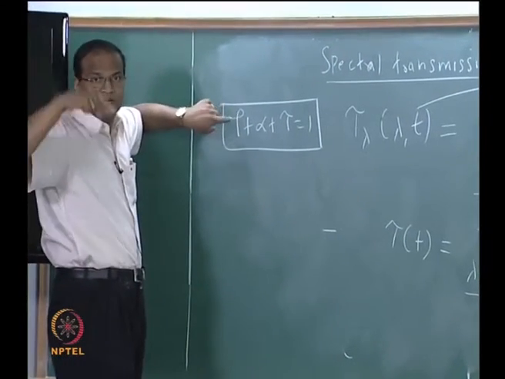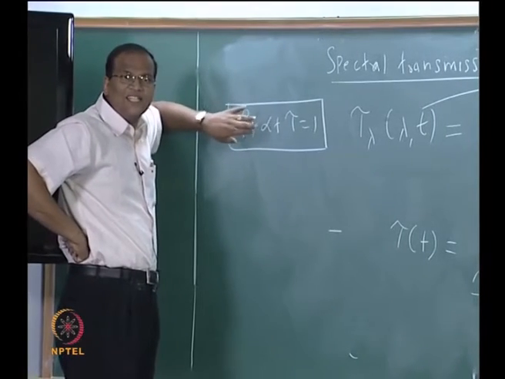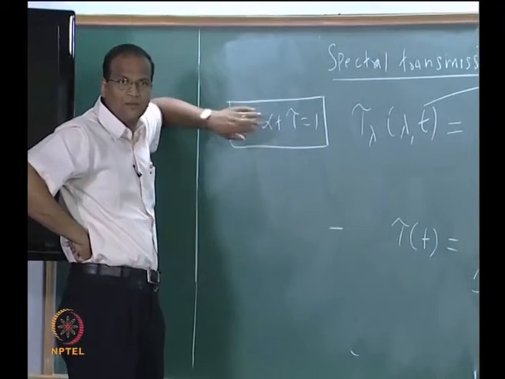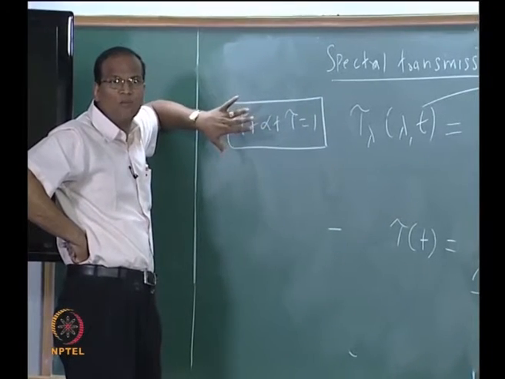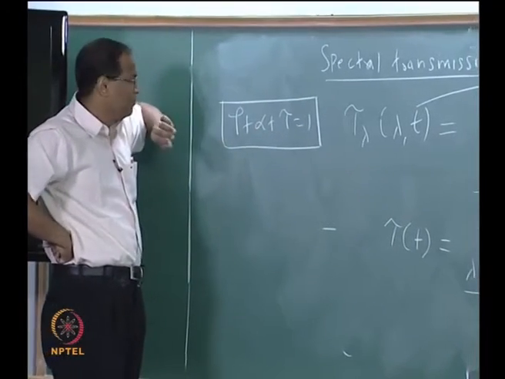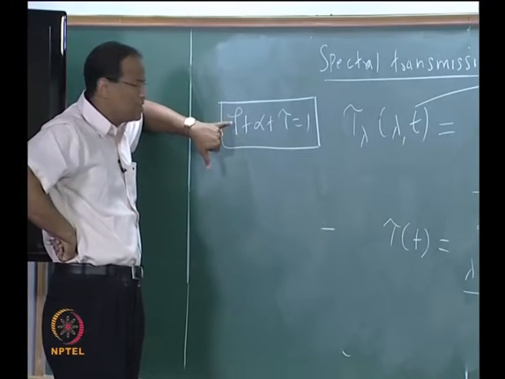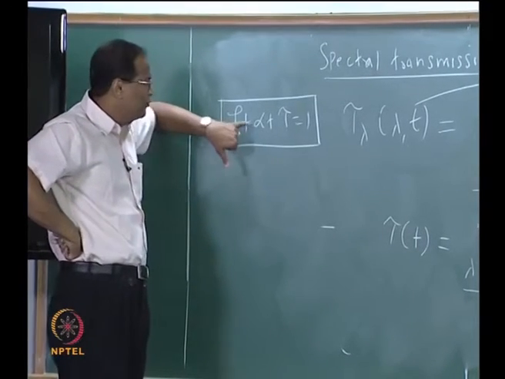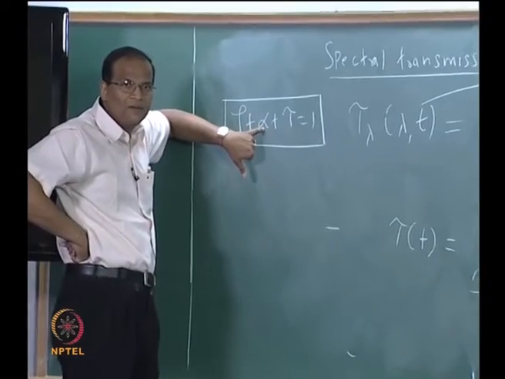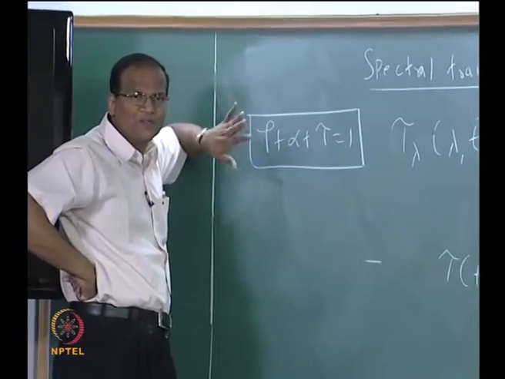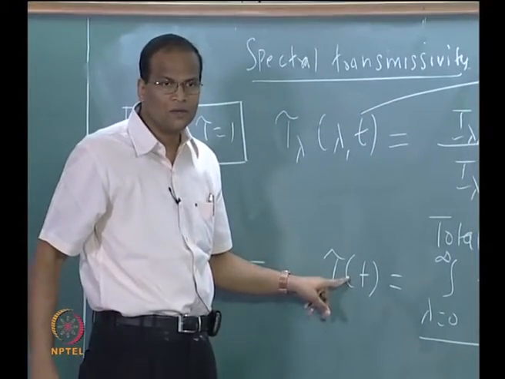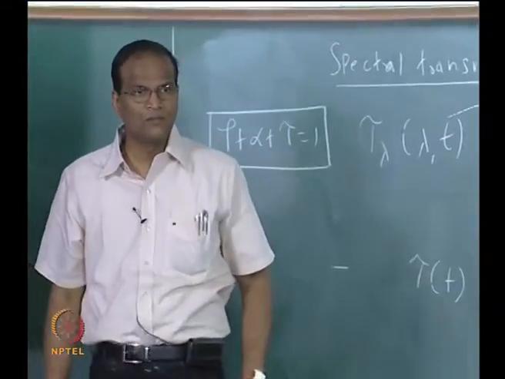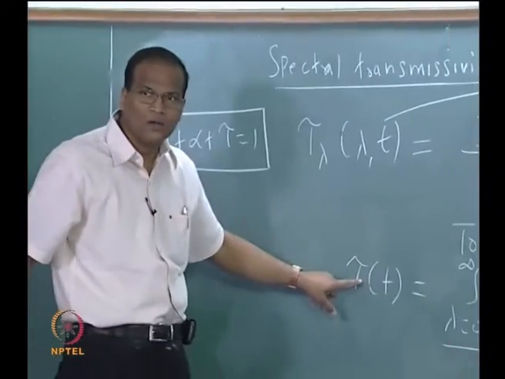Now look at this. Watch carefully, please look at the board. Suppose I say that the incident radiation is coming from the sun. I am talking about a non-gray surface. I give you the spectral distribution of rho, I give you the spectral distribution of alpha, and I tell you that the radiation is coming from the sun and keep quiet. Can you calculate this? Can you or can you not? Yes. How?